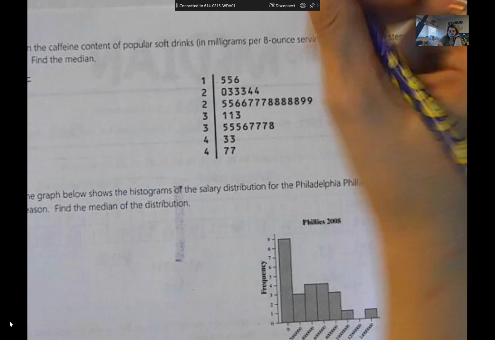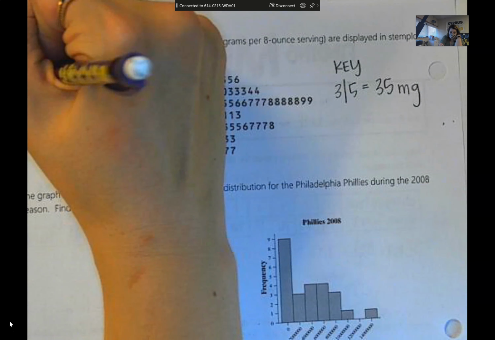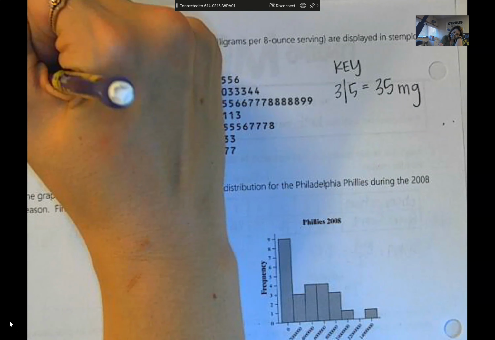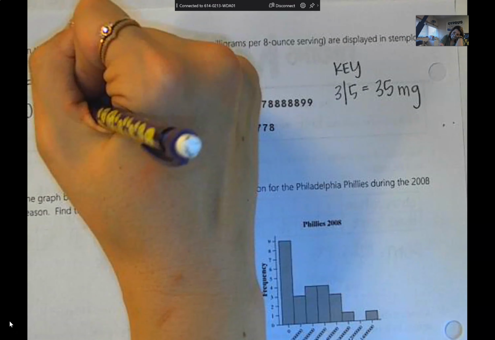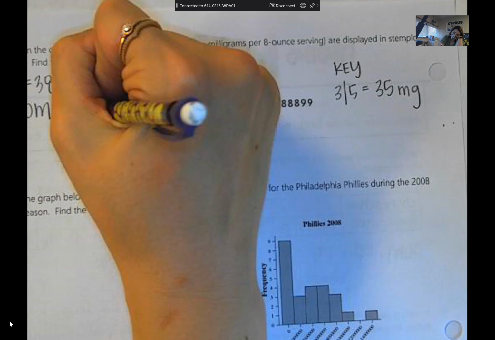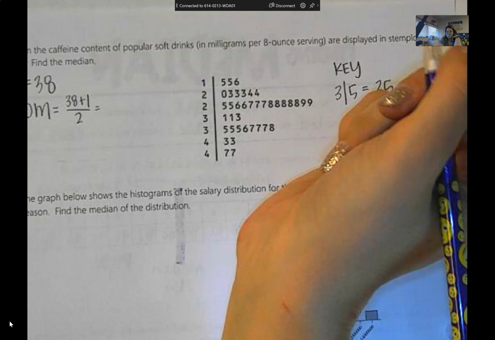Okay, what did you guys get? Say again. 38. So position of median is 38 plus 1 divided by 2.